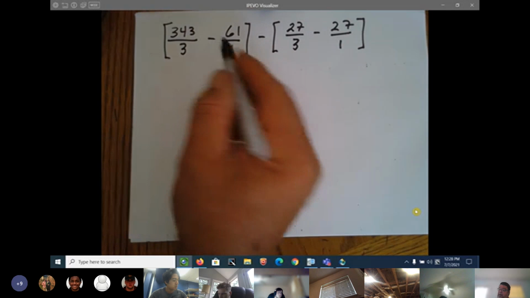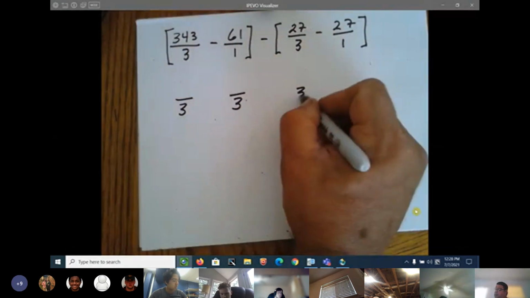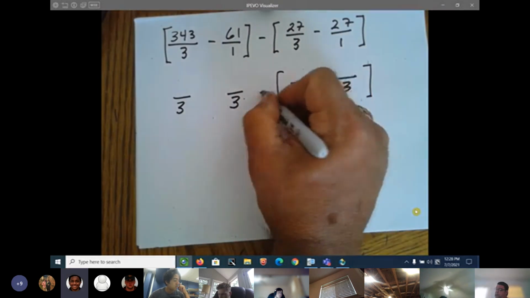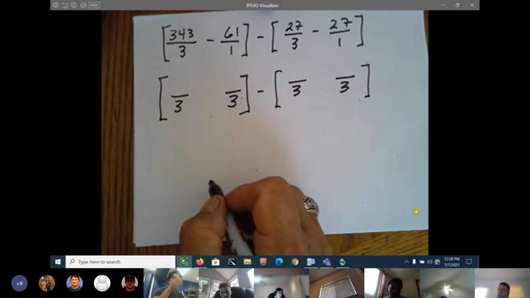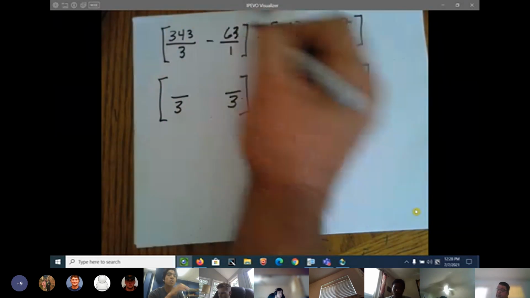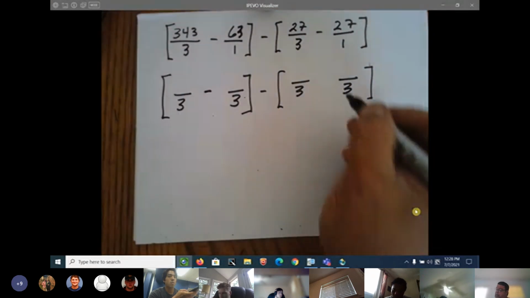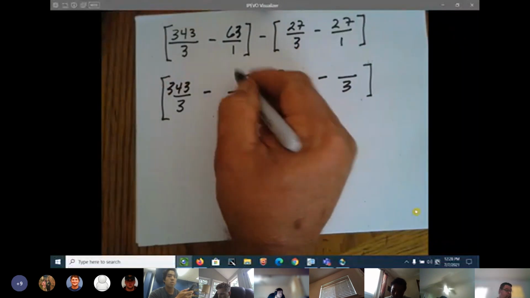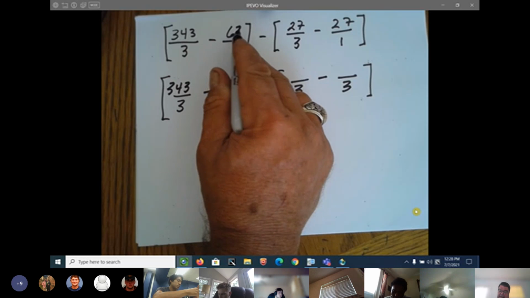All right, common denominator is 3, so we're going to put a 3 here, 3 here, 3 here, and a 3 there. That'd be 63 over 1. All right, so minus there and a minus there. That'll be 343. 1 will go into 3, 3 times, that's 189.